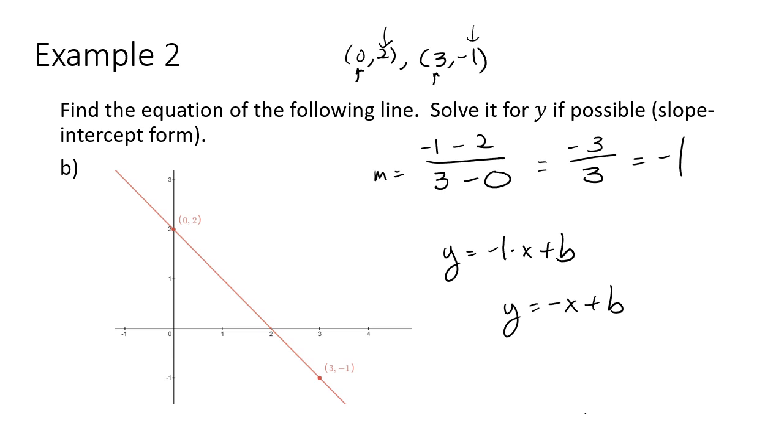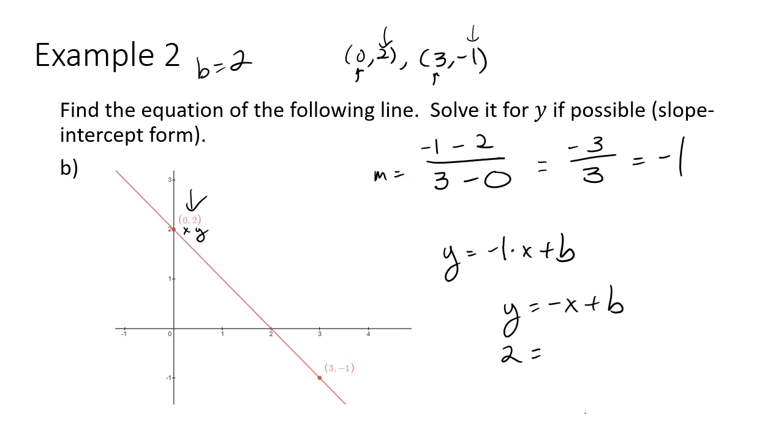Now, if you want to find b, you can plug in either of these points, or you can take a shortcut. Because we can clearly see the y-intercept on this graph, you can actually just read b directly off of the ordered pair. It's going to be 2 in this case. To show you that it works that way, imagine plugging in the point (0, 2) for x, y.